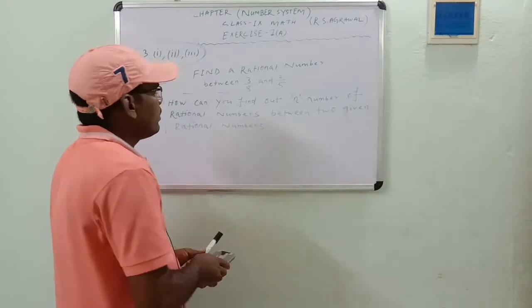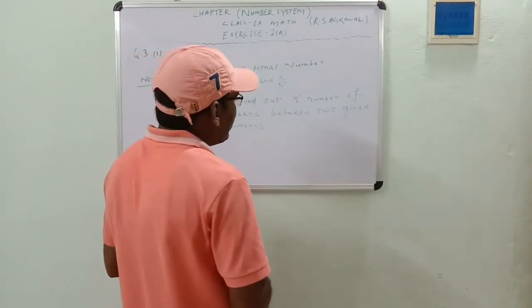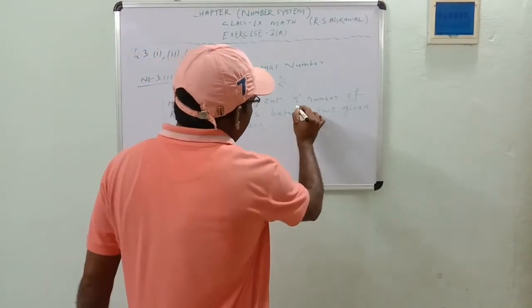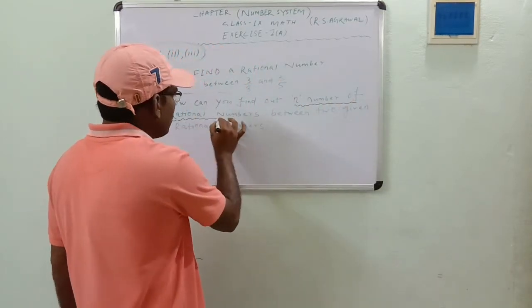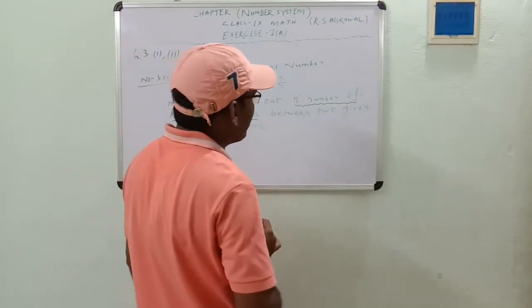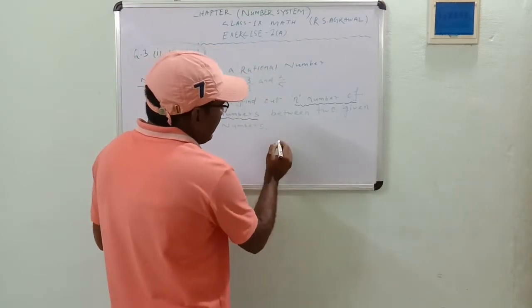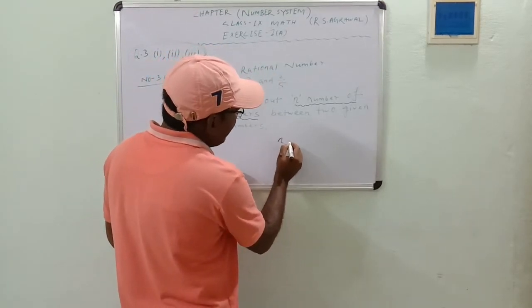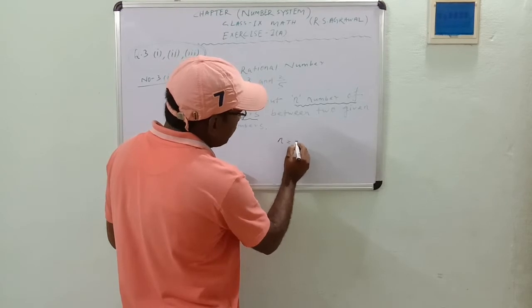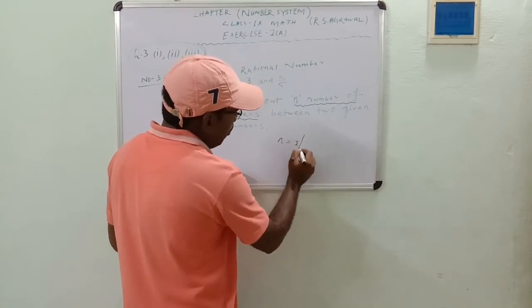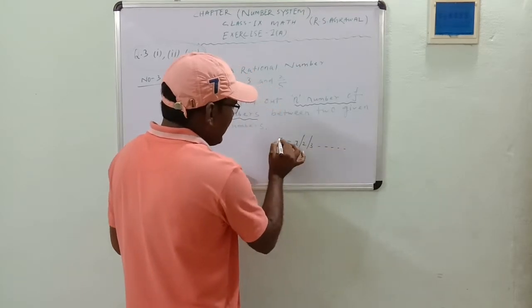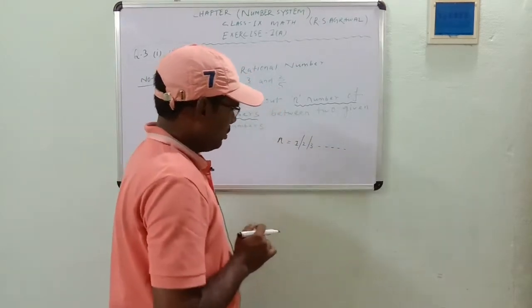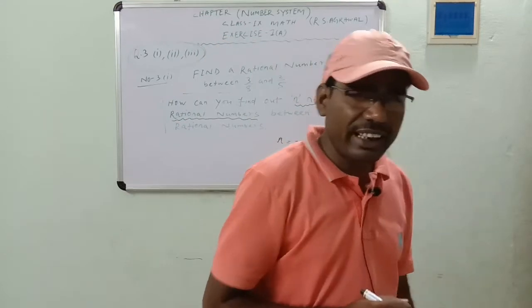Students, it has been written here n number of rational numbers. What do you mean by n? N indicates 1 or 2 or 3, and so on. It means n is a variable. Its value may be any number.